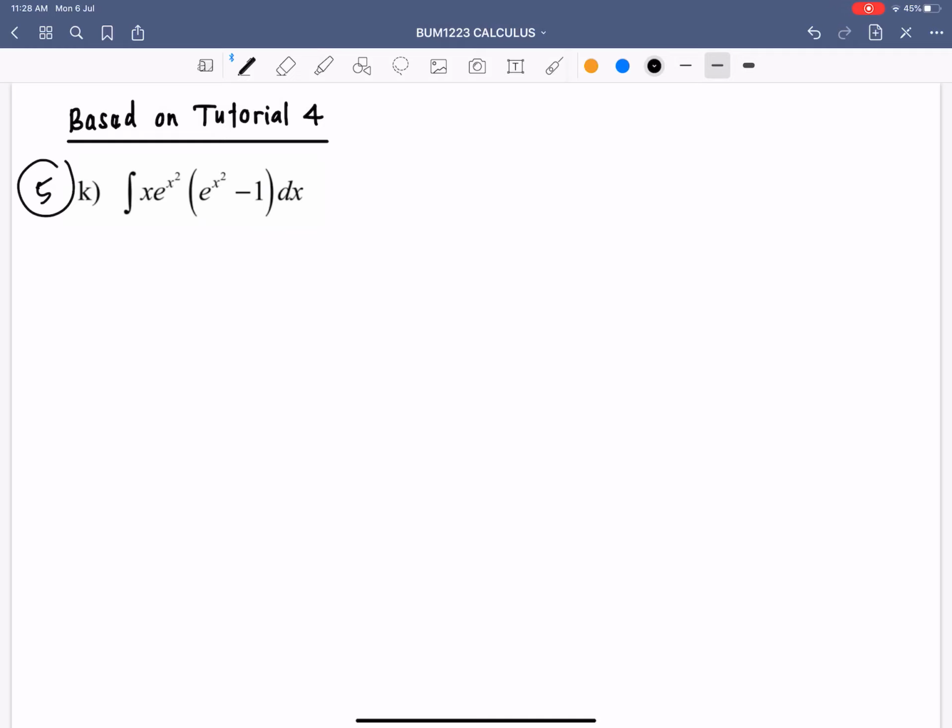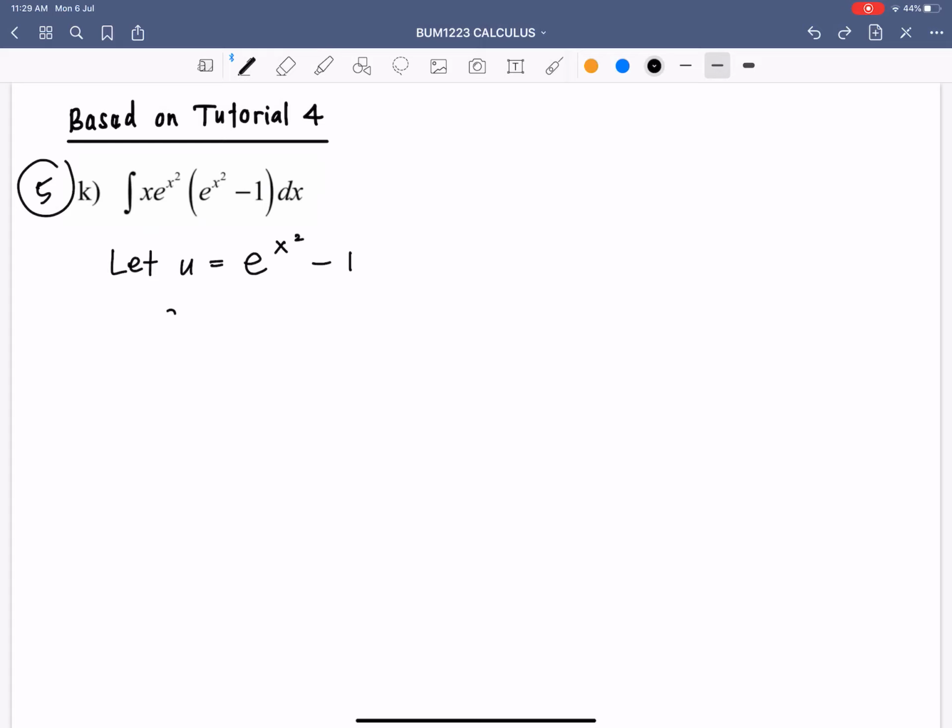Okay? So what will be our substitution? In this case, we let u equal e power of x squared minus 1. Okay, we want to take everything here as u.